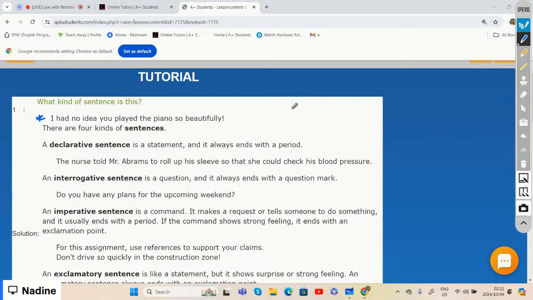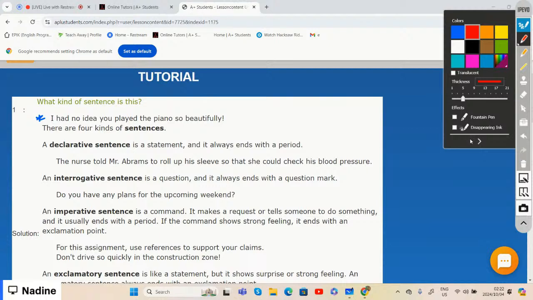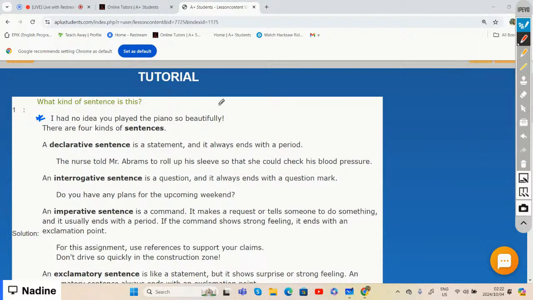And if we were to say what kind of sentence that is, then we would say that this sentence is an exclamatory sentence, right? So this is an exclamatory sentence because they're surprised, they're excited that, oh, you played so beautifully. You're in awe of how beautifully the person plays the piano.